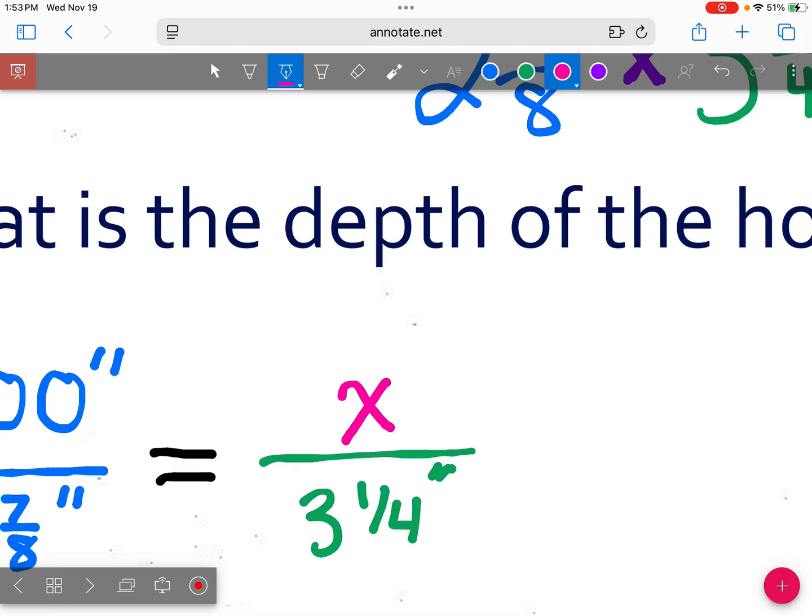Because I got a fraction here. I'd really like to know what X is. How do I get rid of that denominator? So you can go for the full.